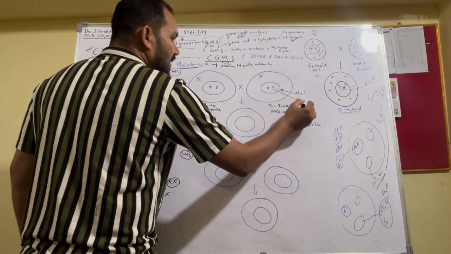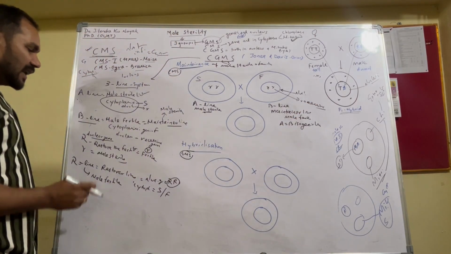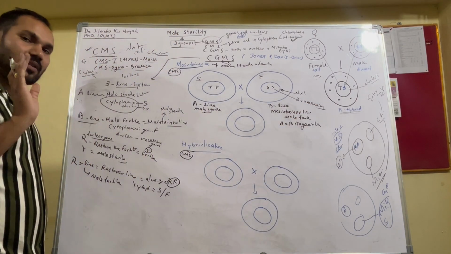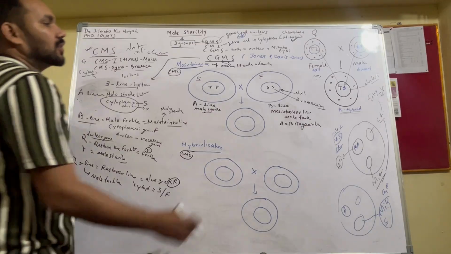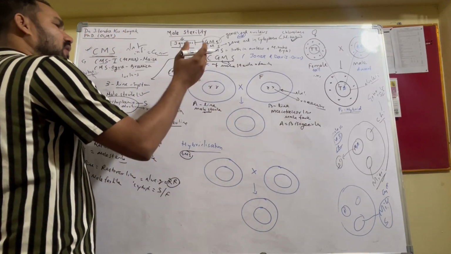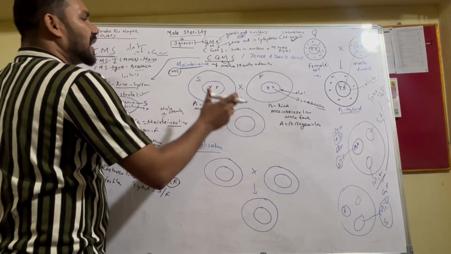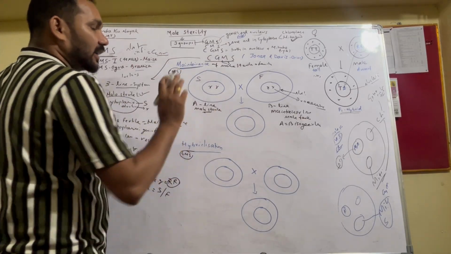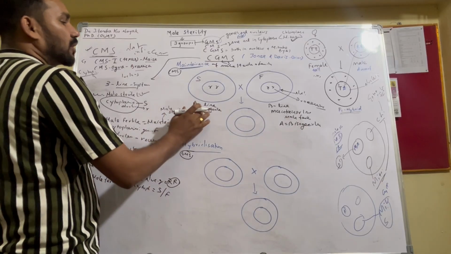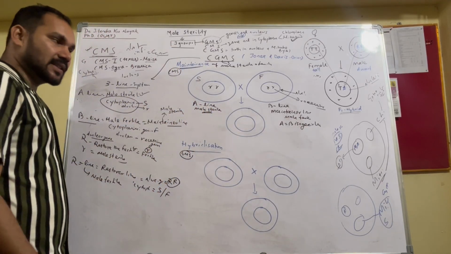If capital R is present, then it becomes fertile, otherwise it is recessive. So here the fertility status is governed by the cytoplasmic gene. The A line becomes male sterile because the cytoplasm contains the sterile gene.